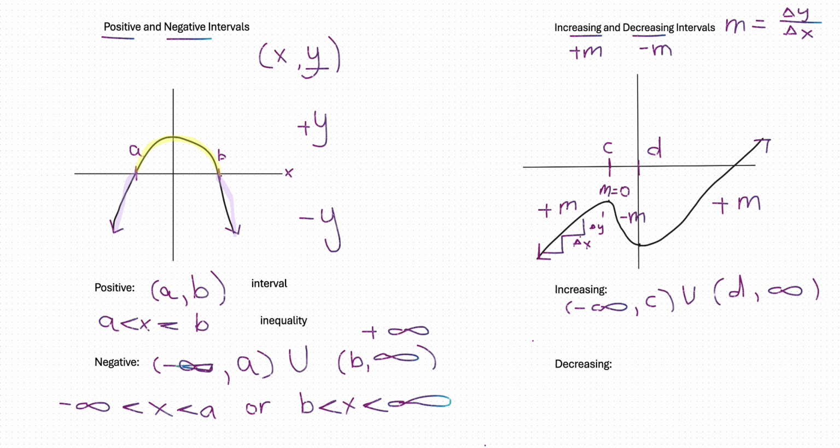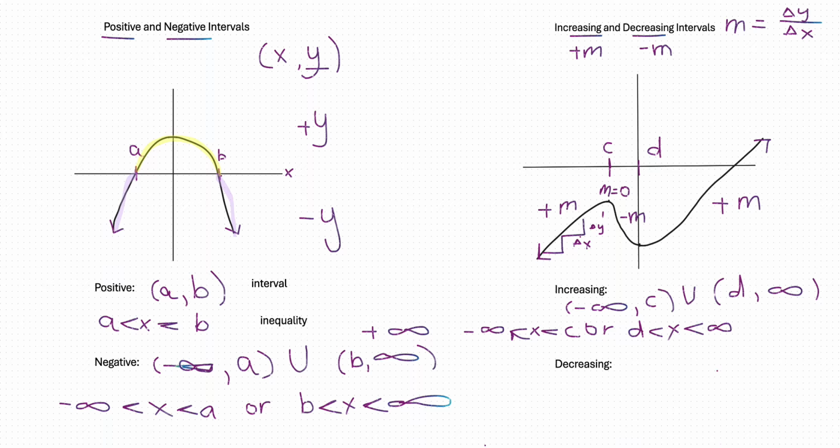So let's write the same thing in inequality notation. From negative infinity is less than x is less than c, or d is less than x is less than infinity.